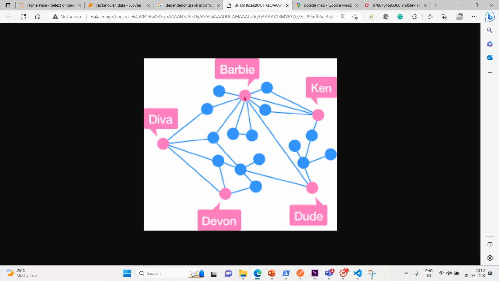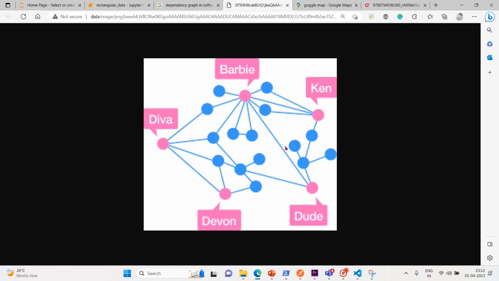So this Barbie is connected directly to 1, 2, 3, 4, 5, 6. These are the primary contacts, and she is also connected with Ken. That's also a primary contact. Whereas Barbie is connected to Diva through this blue connection, so this is a secondary contact.